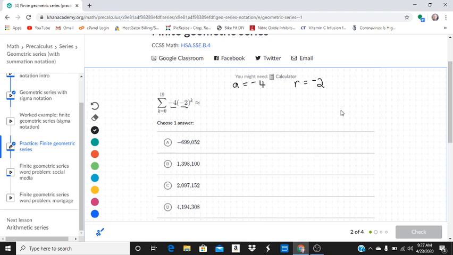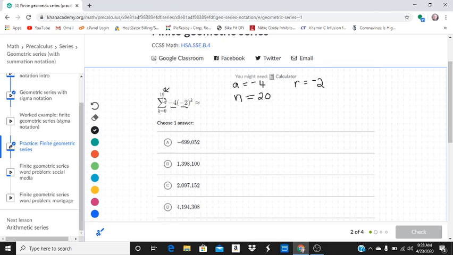So again, r is -2. Now you might think the number of terms is 19, but it's not. Since it's starting at 0 and going to 19, you have to include the 0, so the number of terms is actually 20. If, however, you were starting with k equals 1 and going to 19, then n would equal 19.